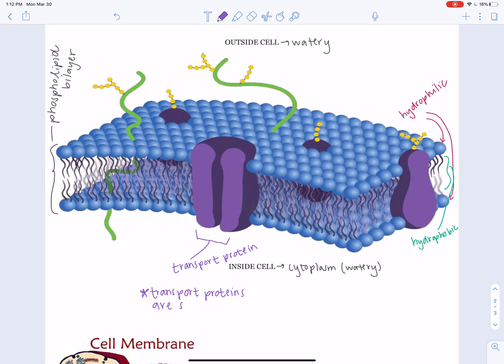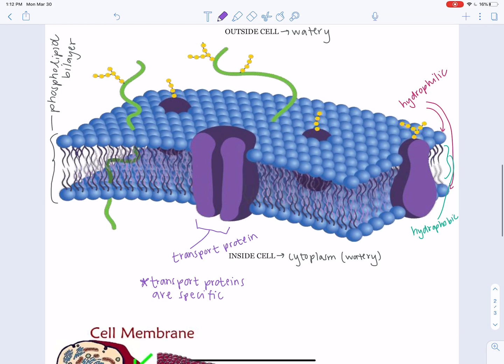And so if I want to be able to let three things move through my membrane that need transport proteins, I will need three different transport proteins, okay? So I will say something right here: glucose needs a transport protein, and sodium needs a transport protein. They need separate and specific transport proteins. So just as a heads up, that's a limitation of this diagram.